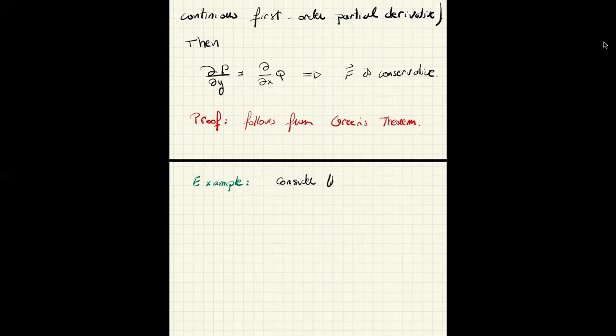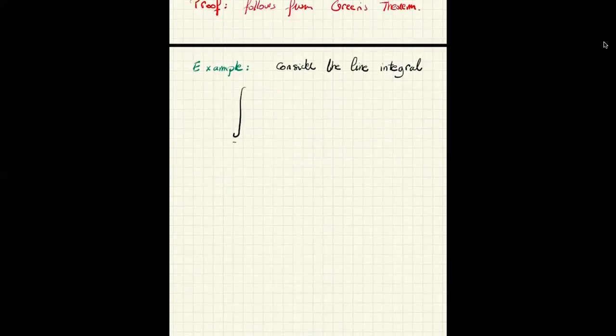Consider the line integral over C of sine y dx plus x cos y minus sine y dy.